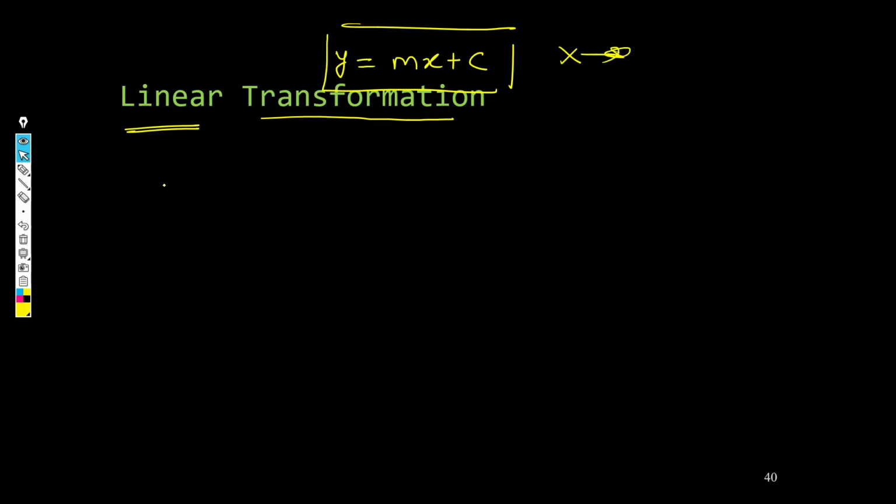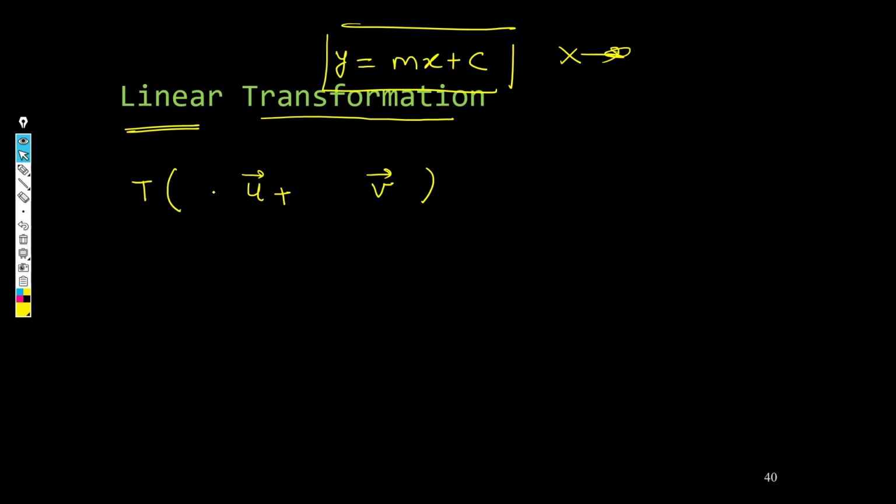So the property is, if you apply the transformation on a linear combination of vectors, listen to it carefully, linear combination of vectors. Now I am writing it just for two vectors to make it simple. We can generalize it for as many vectors as we want, but I don't want to scare you. So these are my vectors.